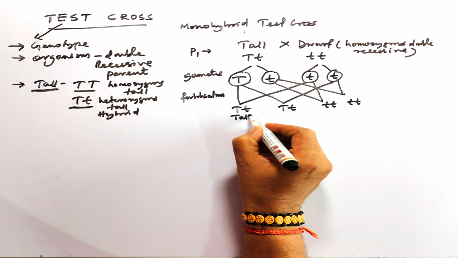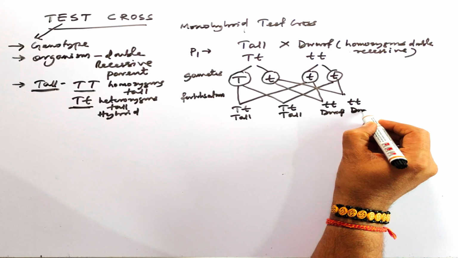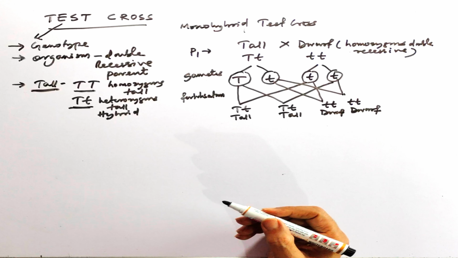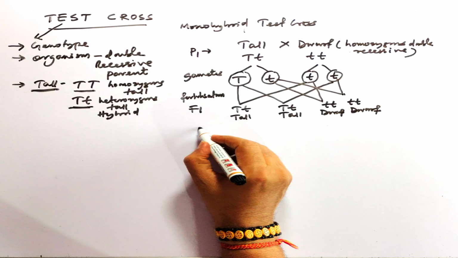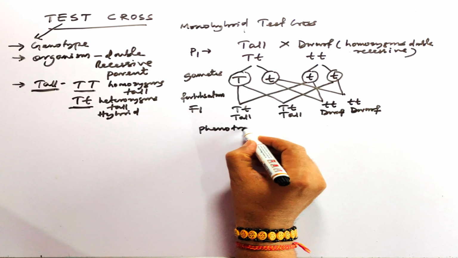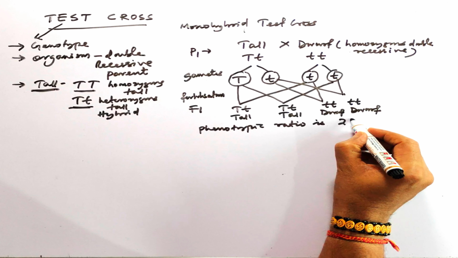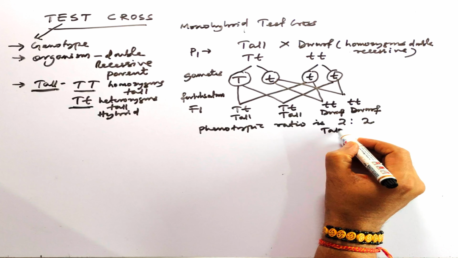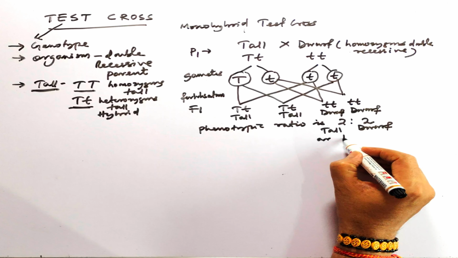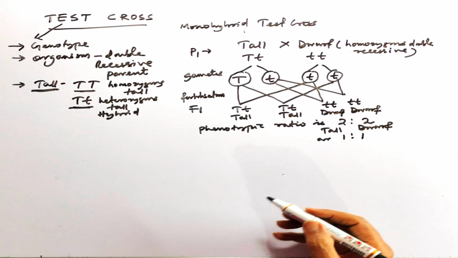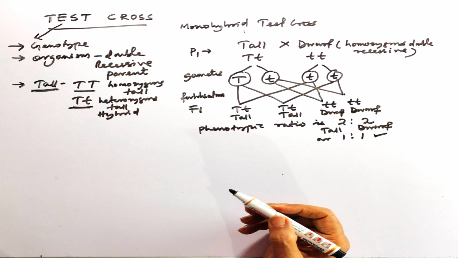So this is tall, this is dwarf, and this is dwarf. This is the F1, and the phenotypic ratio is 2:2, that is tall to dwarf, or 1:1. So this 1:1 is called the monohybrid test cross ratio.